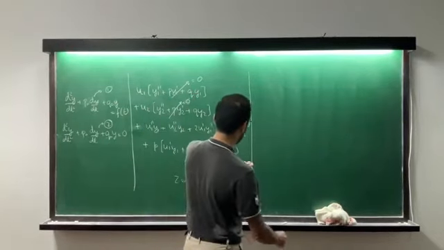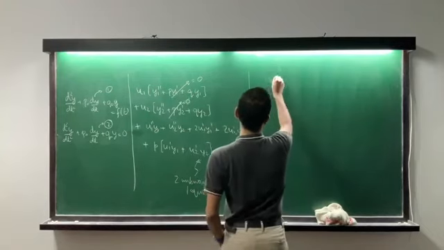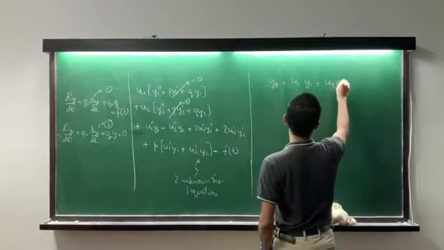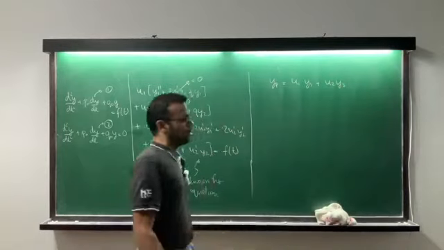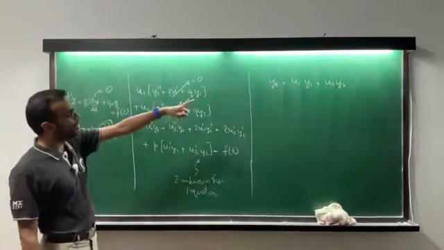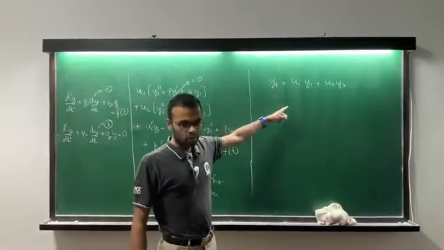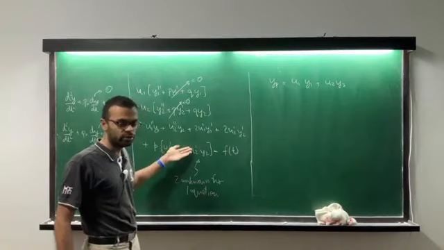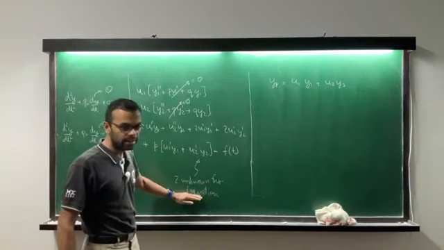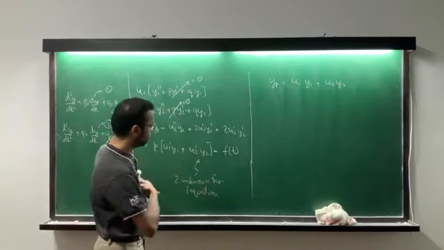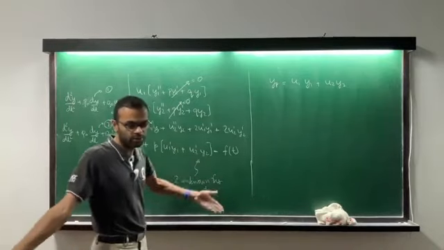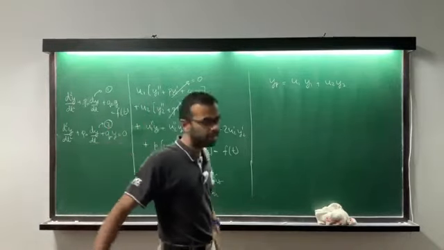Okay, so we go back to our original guess, that is yp is u1 y1 plus u2 y2. And we see, okay, what can we do here to make sure that we exhaust this freedom or give another condition so that we can get a unique value for u1 and u2. This freedom is still there, right? We need to enforce another equation so that we'll have two equations for two unknowns, and we can actually solve for u1 and u2. And then once we do that, the problem is solved, right?